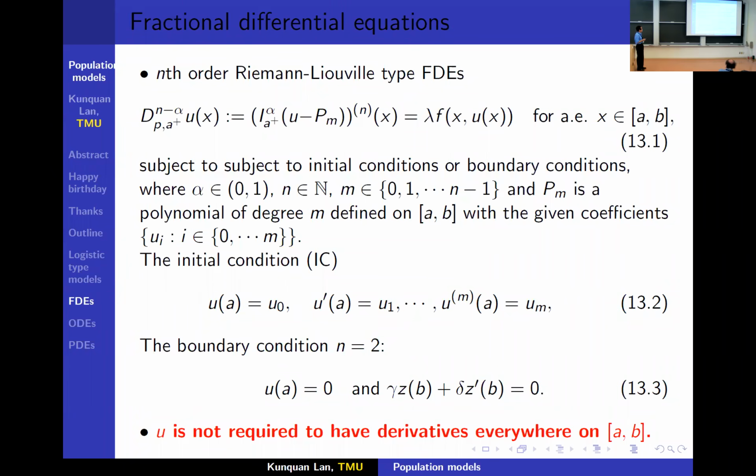You do not require a derivative everywhere on [a, b]. Usually for first order, you start the model and suppose the function u is defined everywhere, or at least belongs to the absolutely continuous functions. This is the challenging part. What's the meaning in mathematical biology in this case? Because this is really weak.